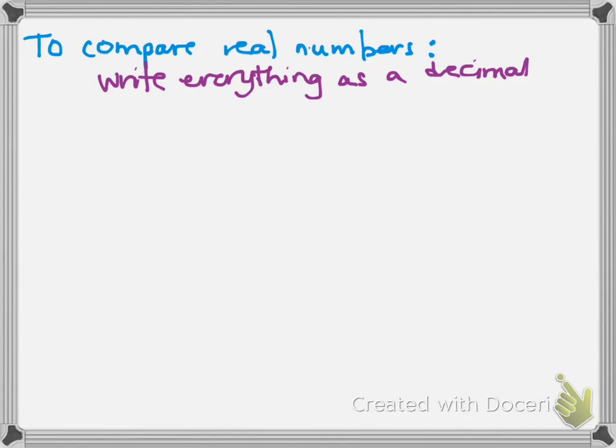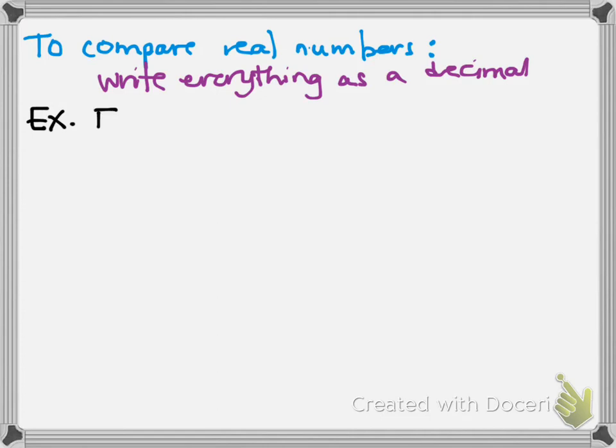So all the things we talked about are going to show up on the quiz. So let's go ahead and launch into a couple of examples. Some of the problems are going to just be comparing two numbers, and some are going to be giving you 3 or 4 numbers, and your job is to put them in order. And the big thing you have to watch out for is what order they want you to put it in.